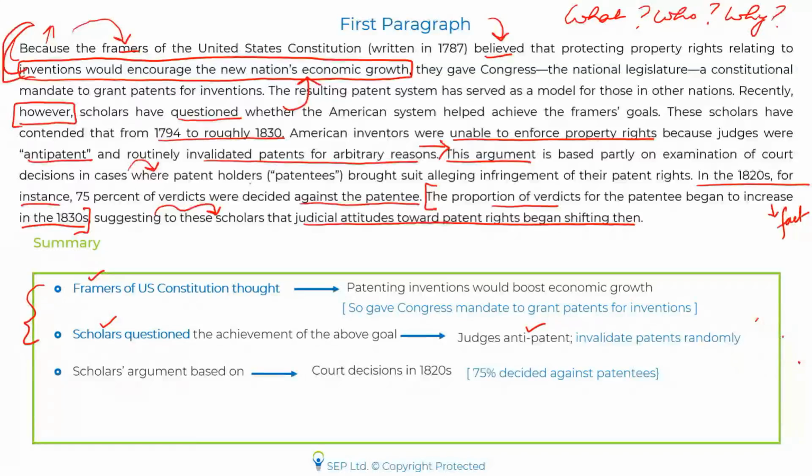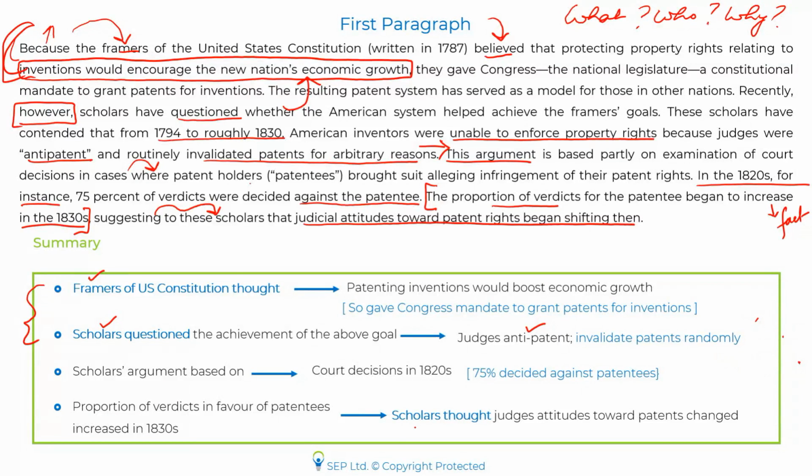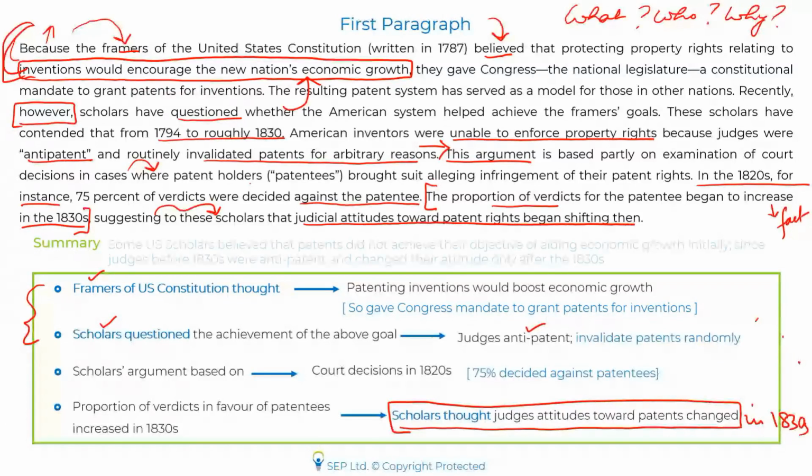And then the scholars believe that judges' attitude towards patents changed in the 1830s. So that's the summary of this paragraph. Scholars believe patents did not achieve their objective because the judges before 1830 were anti-patent, and it was only after 1830 that their attitude changed.